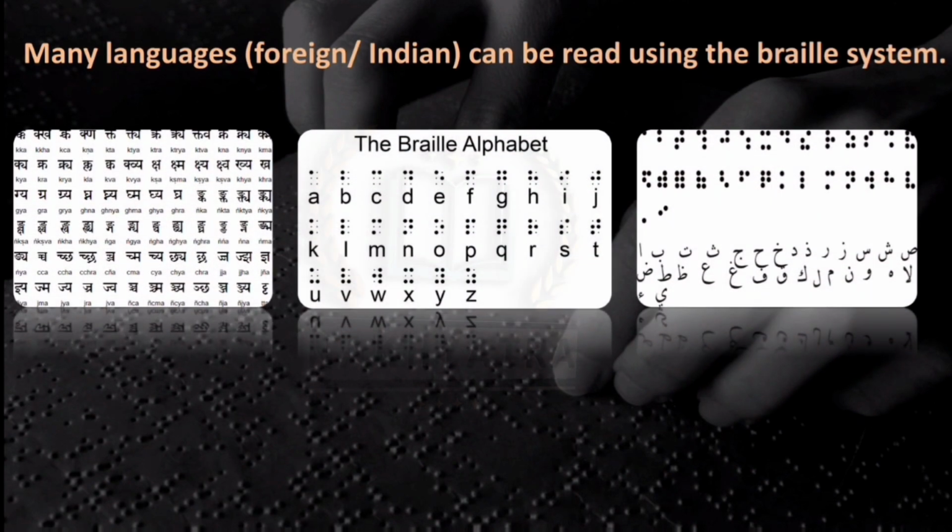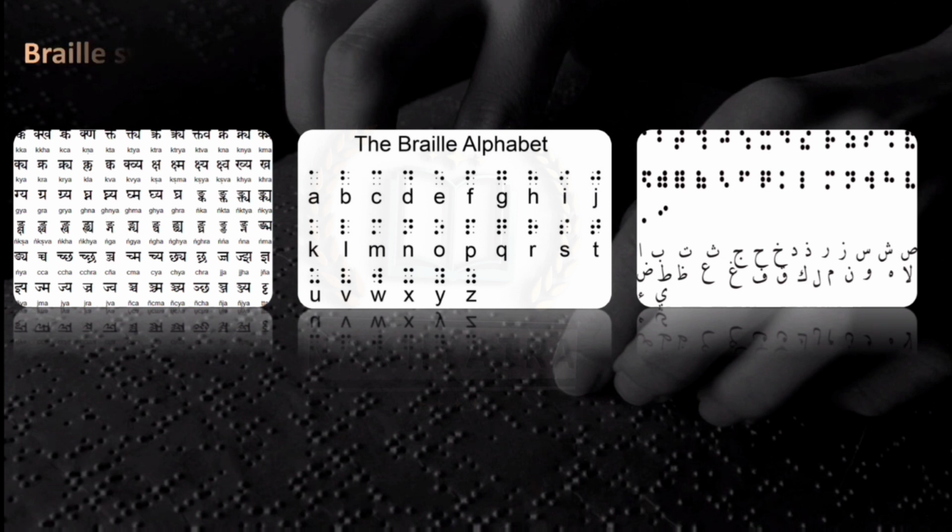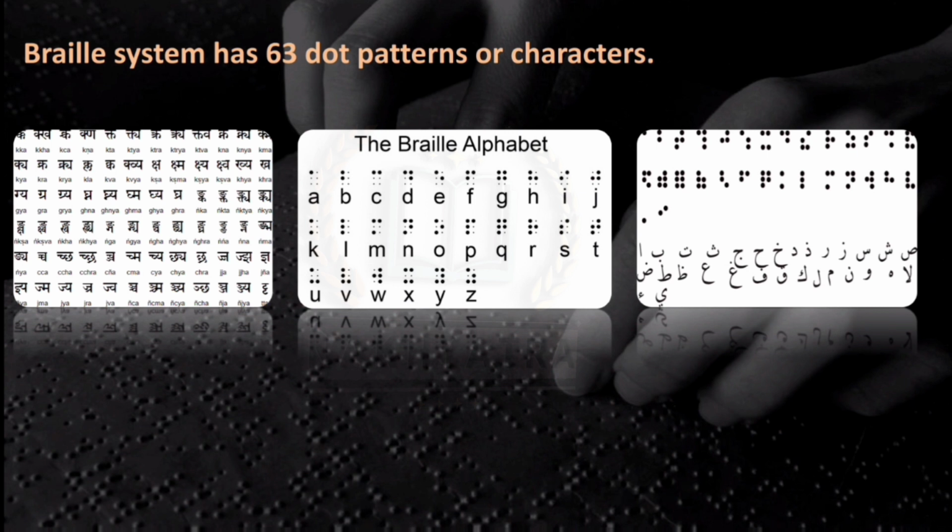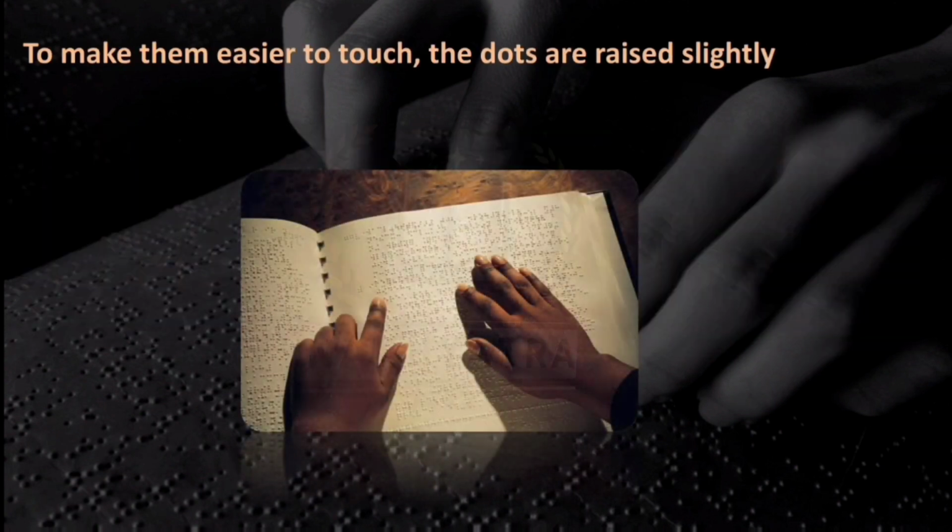Many languages, foreign or Indian, can be read using the Braille system. The Braille system has 63 dot patterns or characters. To make them easier to touch, the dots are raised slightly.